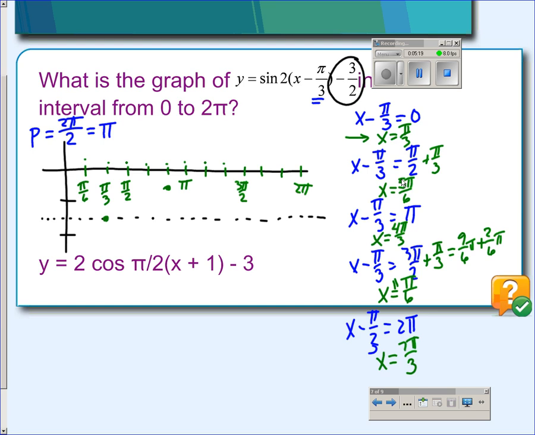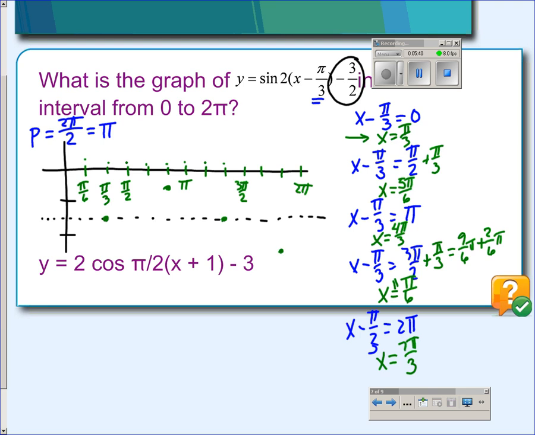We're over here at our second mark, back to equilibrium. 11 pi sixths is 1 sixth short of 2 pi, and at this point we're at a minimum value, so we're at negative 2.5 right there.